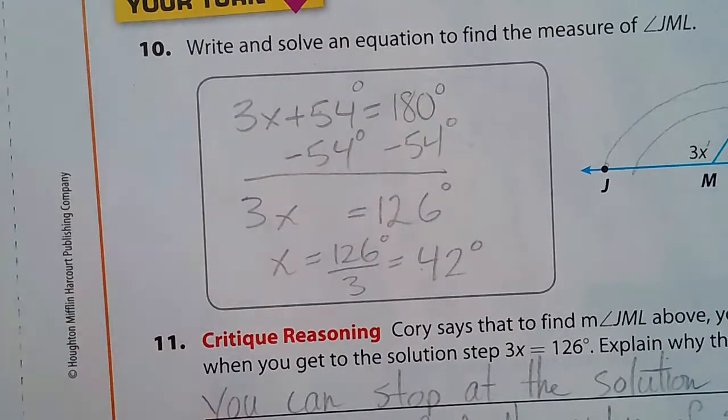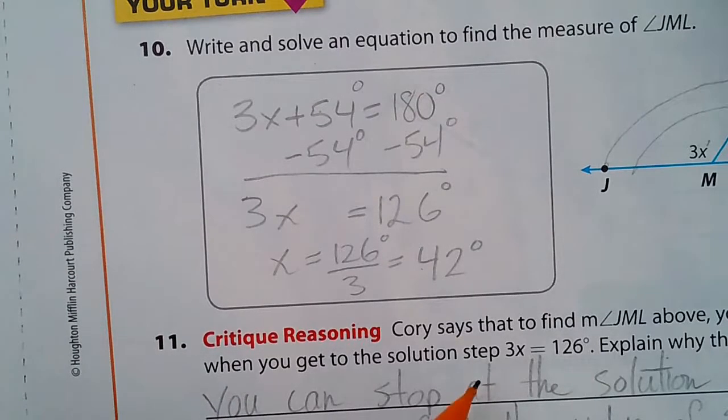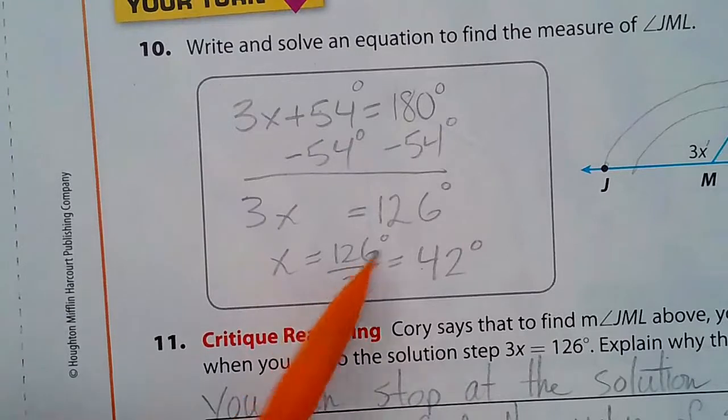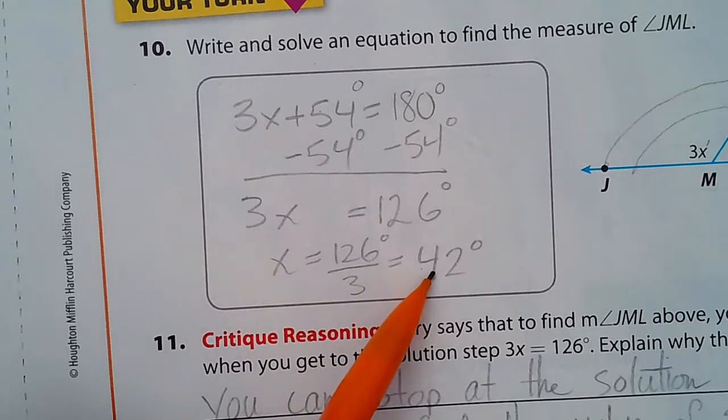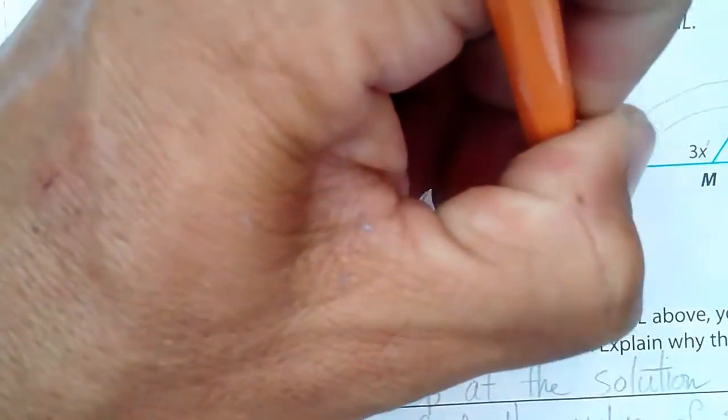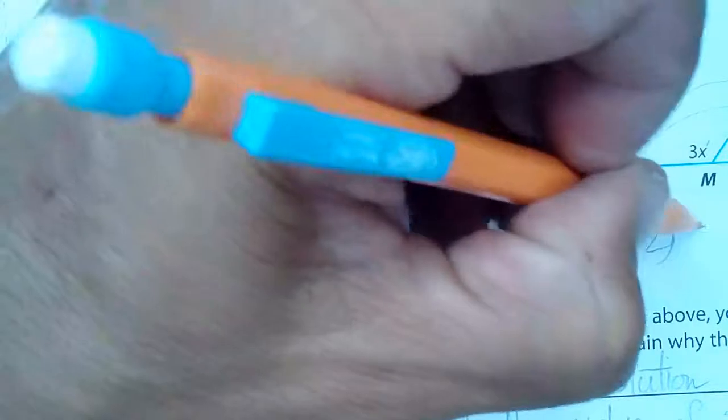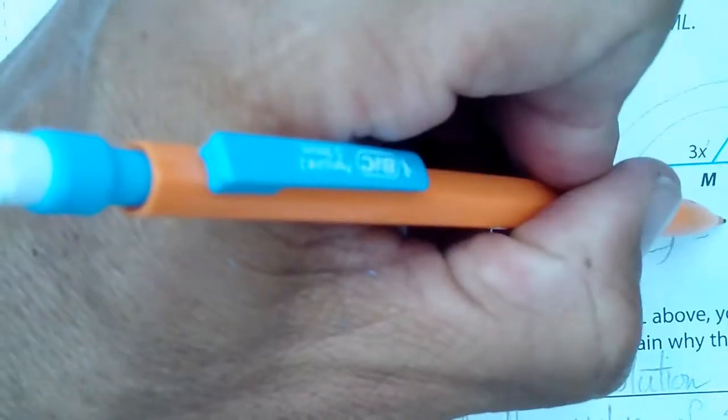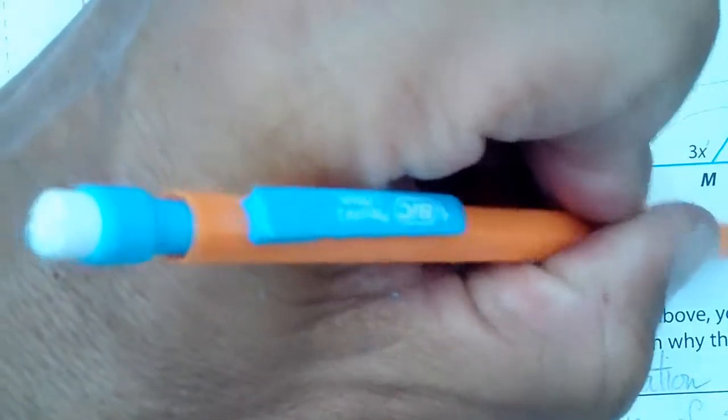Okay. So, and find the measure of that. So that equals 42. Now, to find the measure of that angle, I would have to have 3 times 42, which is 126 degrees.